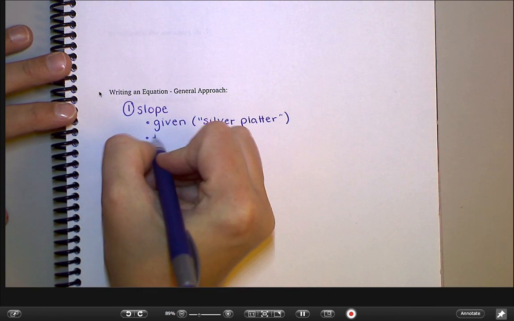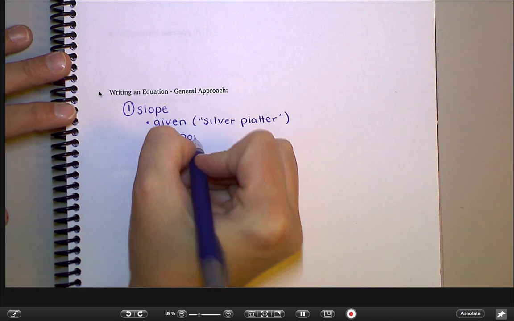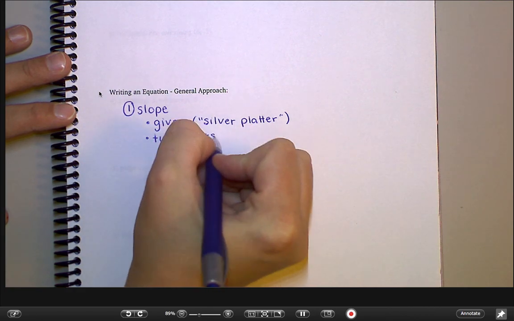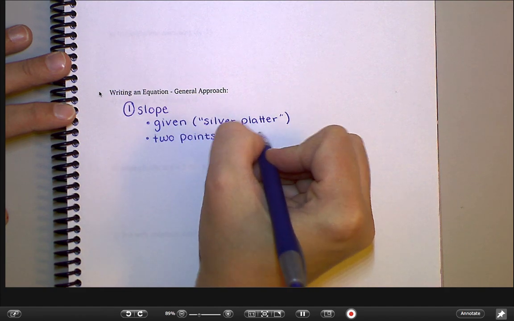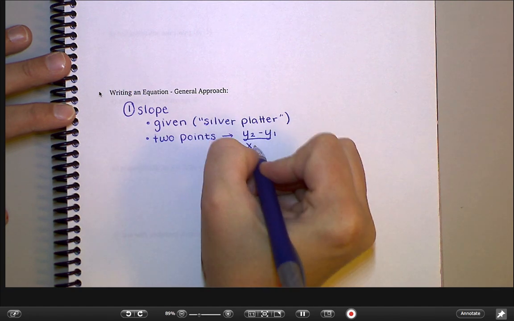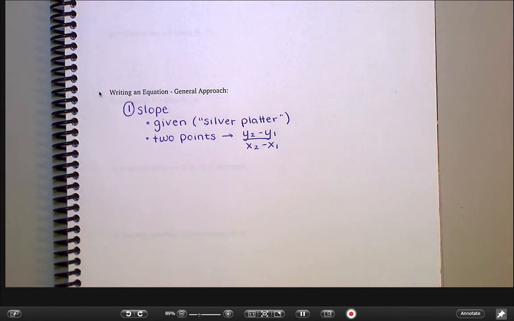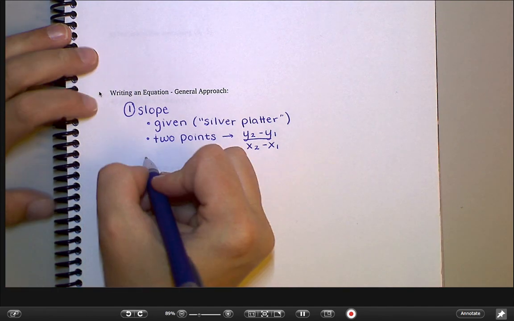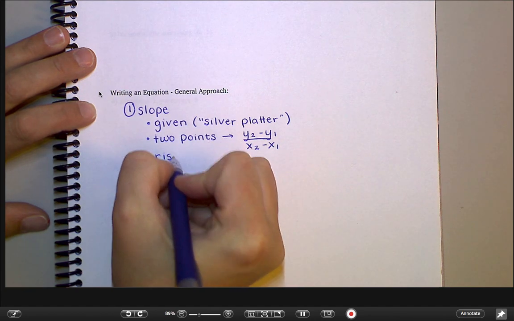Sometimes they give you 2 points on your line. And if you're given 2 points, then you can do the y2 minus y1 over x2 minus x1 that we've been doing quite a bit of. If they give you a graph, you can just count the rise and the run from the graph.